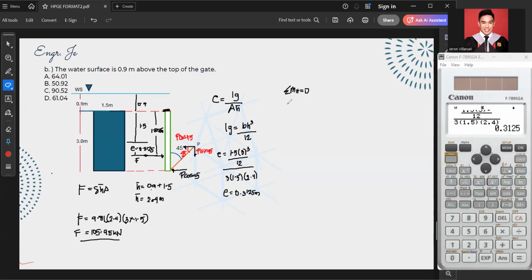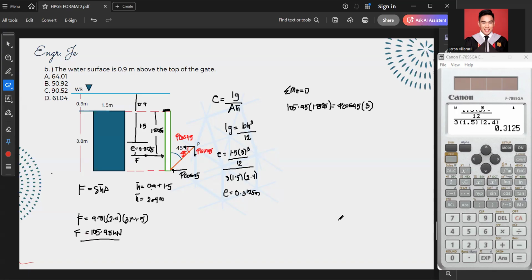That is the summation of hydrostatic force, 105.95 times the moment arm, 1.8125 meters, is equal to P cos 45 times the moment arm, which is 3 meters.